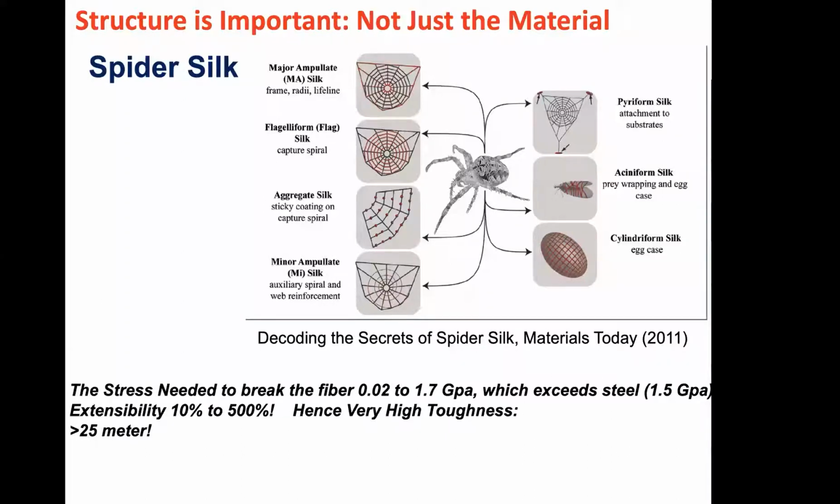And depending upon the condition, one spider can make 7 types of silk, depending upon the application, to protect the eggs, or to catch their food, or whatever they want.